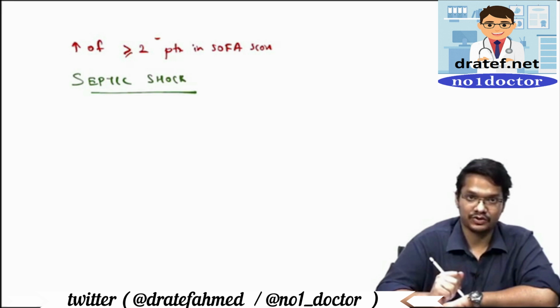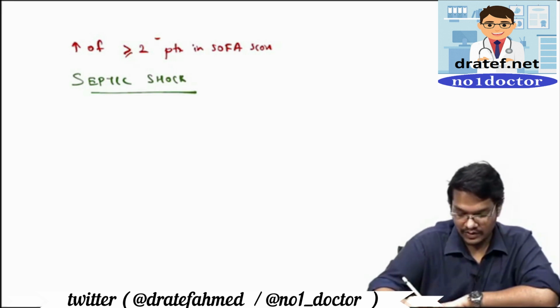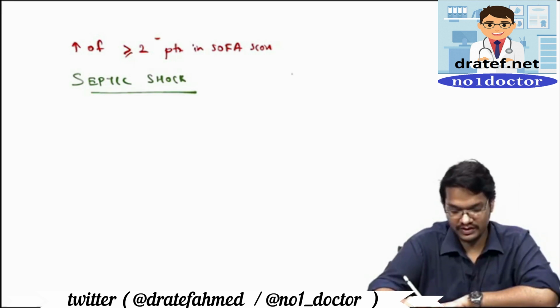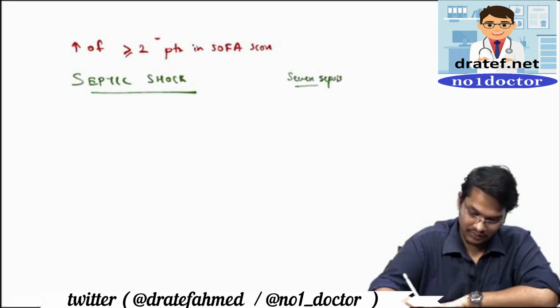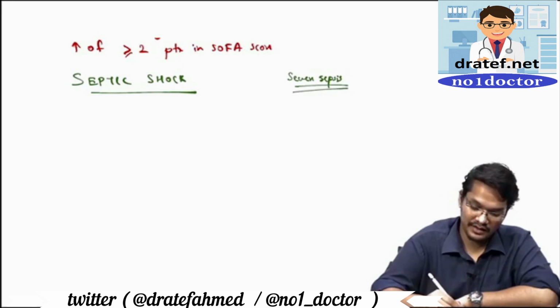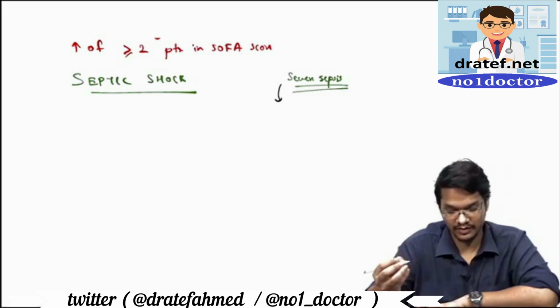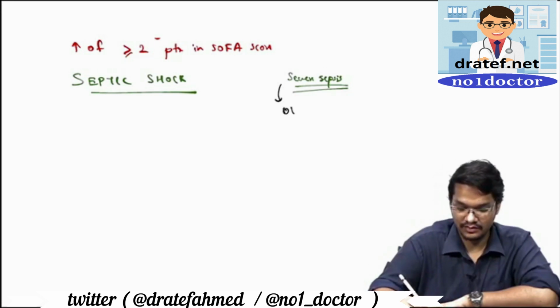But before starting septic shock, I will tell you about a concept which is no longer used, is severe sepsis. Severe sepsis is essentially an old concept in the previous guidelines. It was given in old guidelines and it's no longer used.